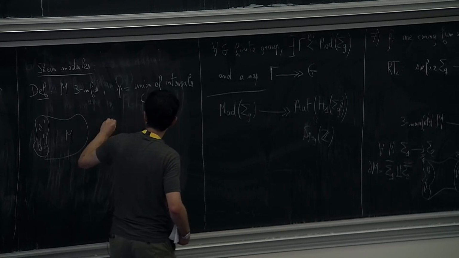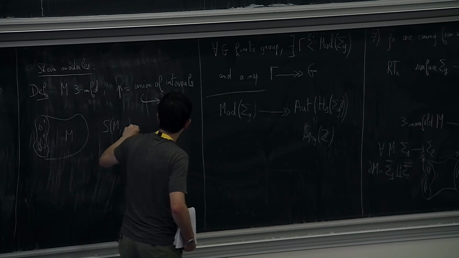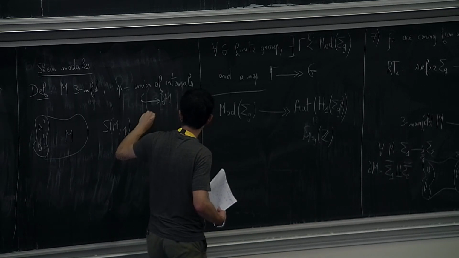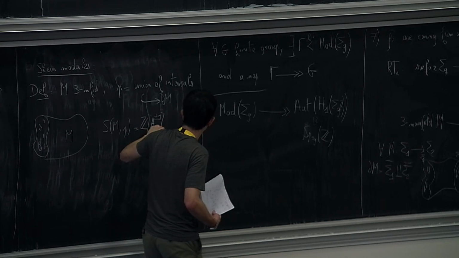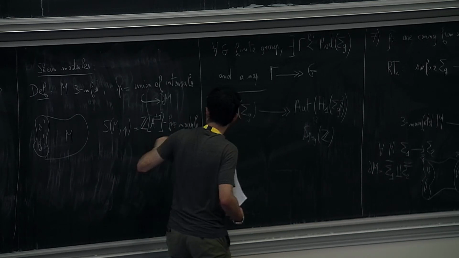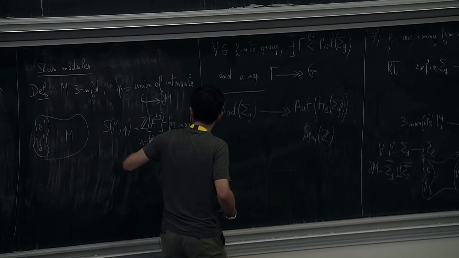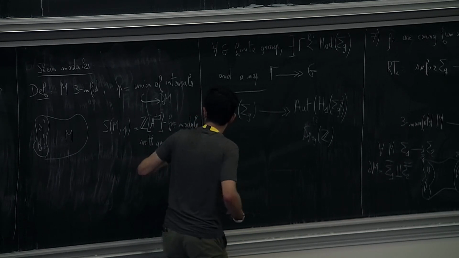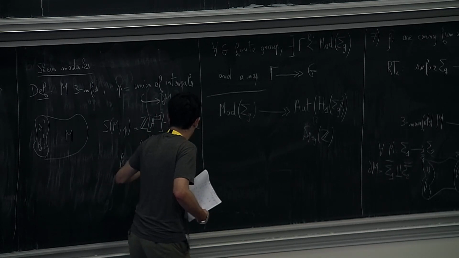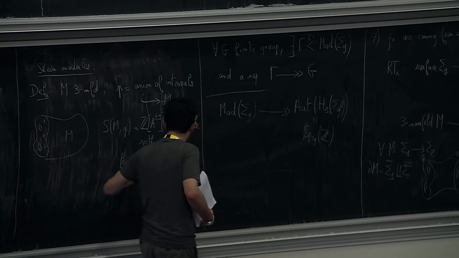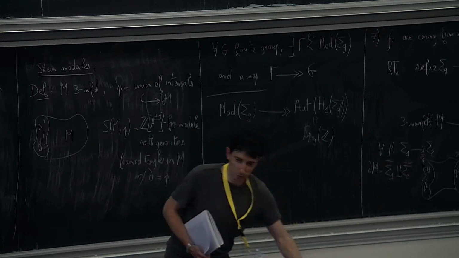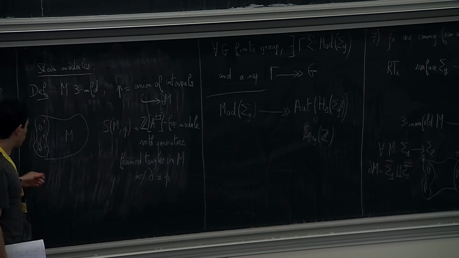I say that the skein module of M with boundary points P will be obtained in this way. I take the Z[A, A inverse] free module with generators framed tangles in M with boundary equal to P. Here a framed tangle is similar to the notion of framed link.